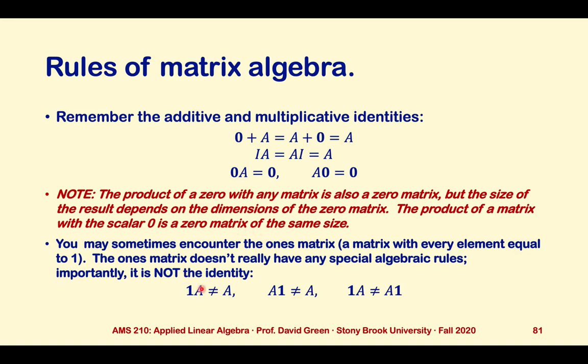The ones matrix times A is not A. A times the ones matrix is not A, and they're not equal to each other. The ones matrix has a place in defining certain kinds of linear algebraic mathematical models and to mean certain things in model construction. It doesn't have any special meaning when we're working with symbolic algebra.